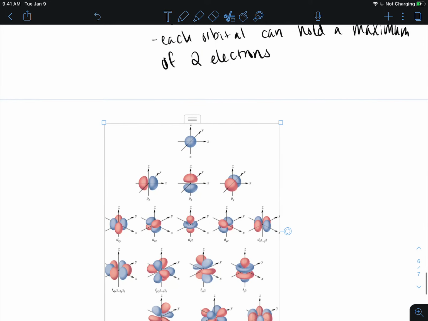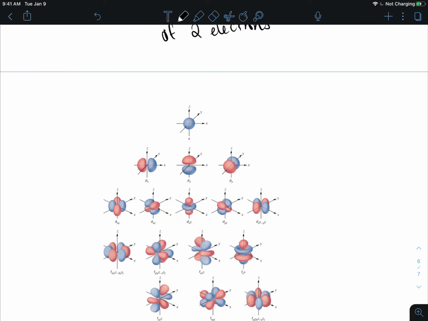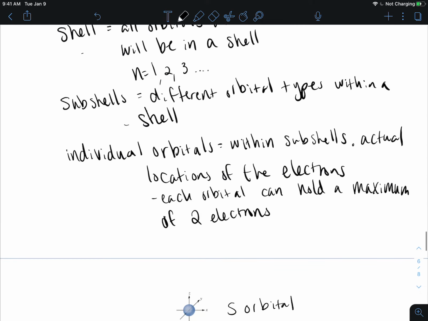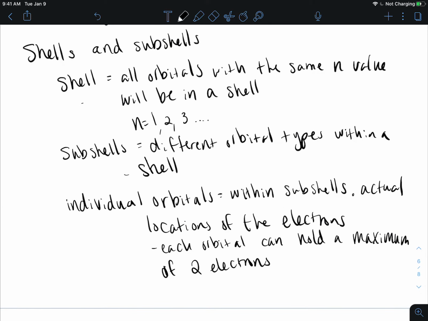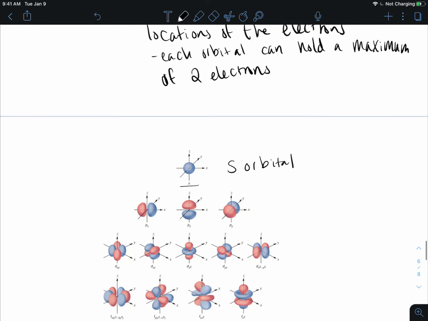Our first one is our s orbital, and it only has one orientation, so we only see just the one. So it would be an s subshell, and in the s subshell, there is just the one s orbital. So only one orientation for a sphere.